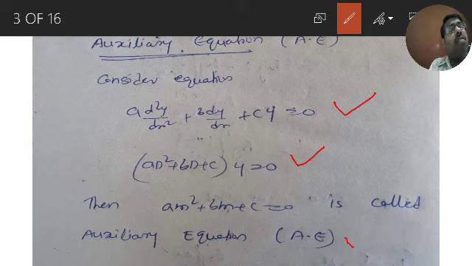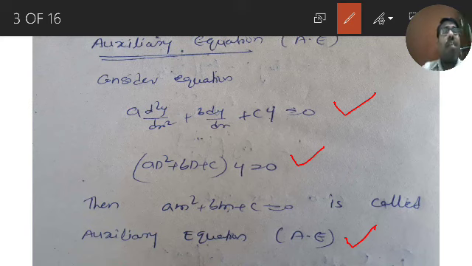Take a second order homogeneous linear differential equation with constant coefficients, write it in operator form, and in place of the operator D, write M and remove y. We get a M square plus b M plus c is equal to 0. That is our auxiliary equation.